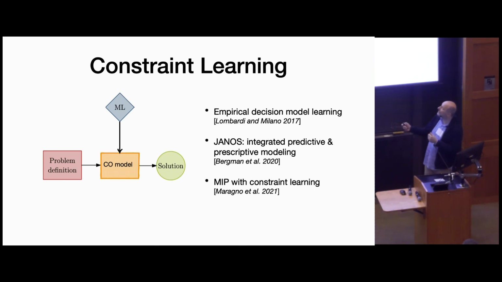I think the first reference is what is called empirical decision model learning by Lombardi and Milano. And then there is actually software called Janos by Bergman's group at the University of Connecticut, and the group of Dimitris Bertsimas and Dick den Hertog in the Netherlands has been doing a lot of work in this direction.